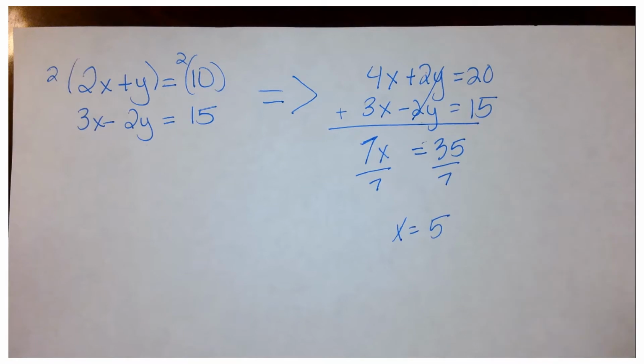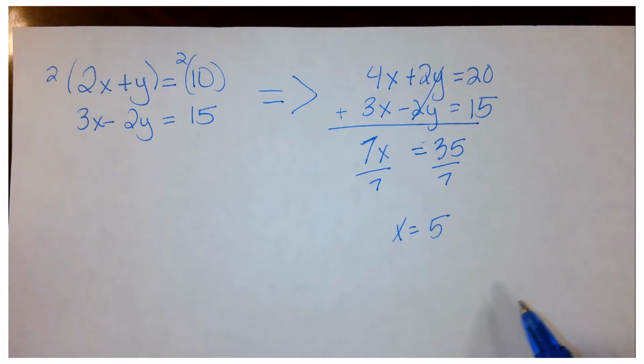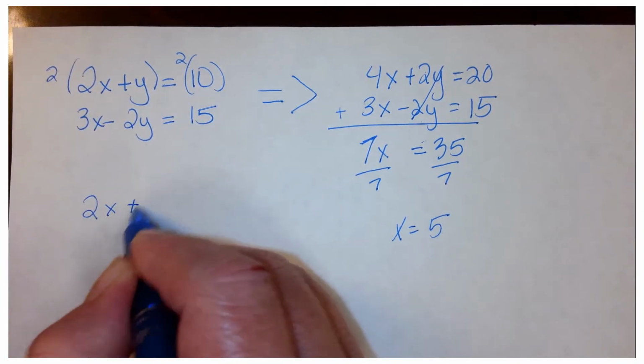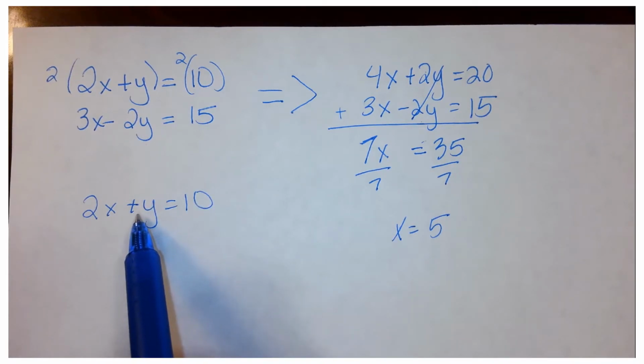So again, don't stop there. You do have to go back in and solve for y. If x is 5, it does not matter which one you pick. Plug in 5 for x. I'm just going to take this first one again, 2x plus y equals 10. I'm doing this because I don't have to divide anything out once I move the x over.